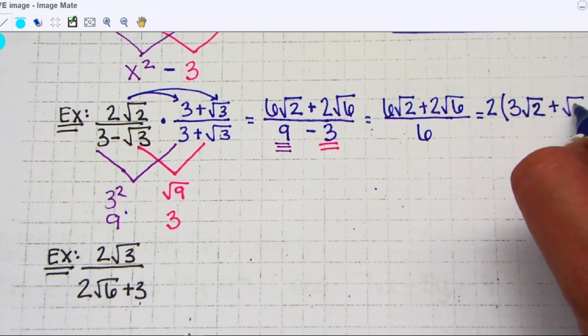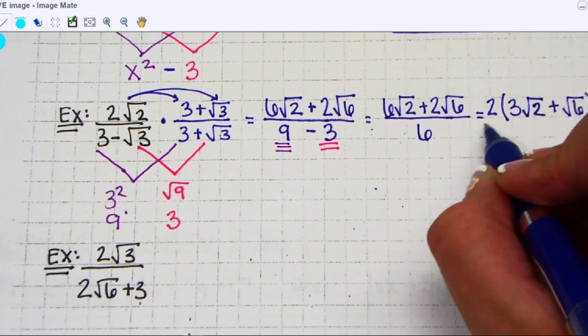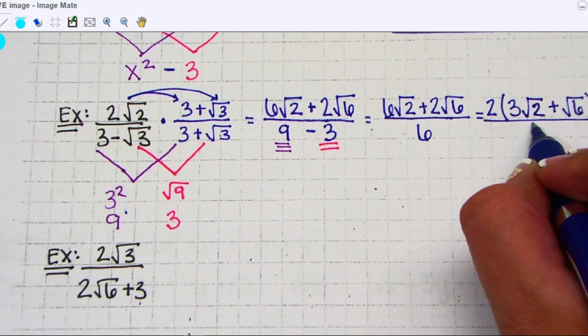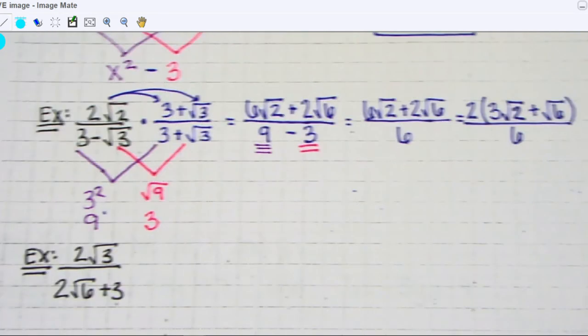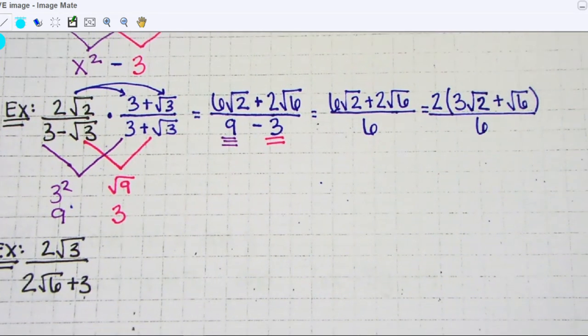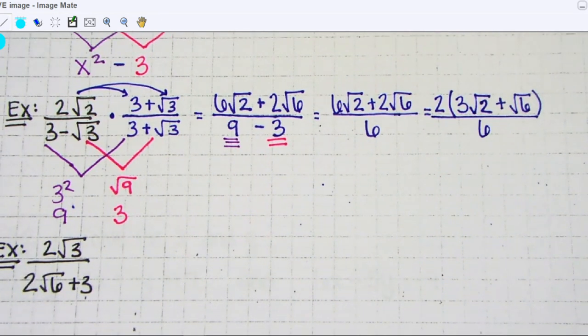We're going to leave it as 6 because we're going to cancel. So all we did was we pulled out a GCF of 2. This takes a little bit of time, but mathematically, we're not doing anything radically complicated.